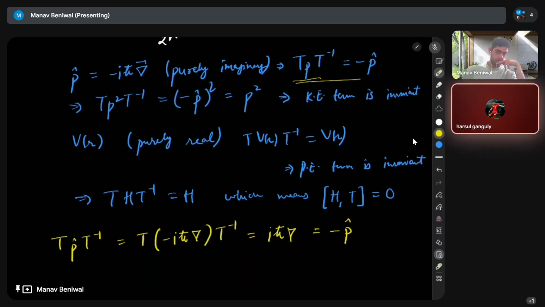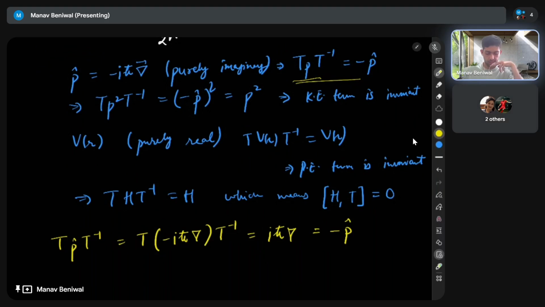Okay, so what this time reversal symmetry means, it comes when we study magnetism, if you are familiar. If not, it's not a problem.